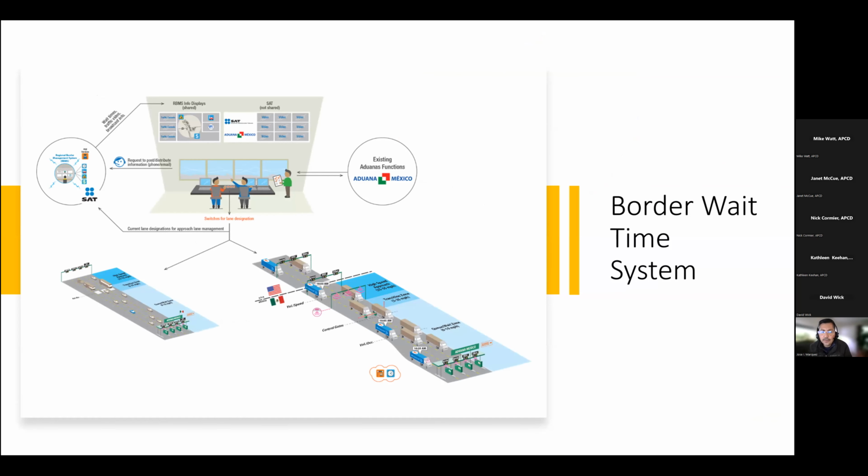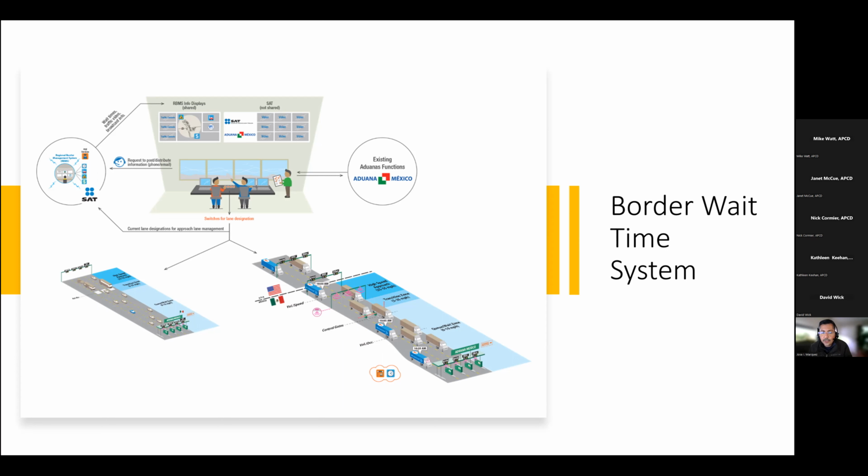Another important component of this system is to provide a border wait time system. Currently at the border, we don't have one, and this is a system that we're actually implementing first at the Otay Mesa Port of Entry and also our San Ysidro Port of Entry, to provide accurate information on the existing conditions at the border. Right now, most people, when they want to cross the border, check Facebook groups or listen to the radio, but none of that information is accurate.